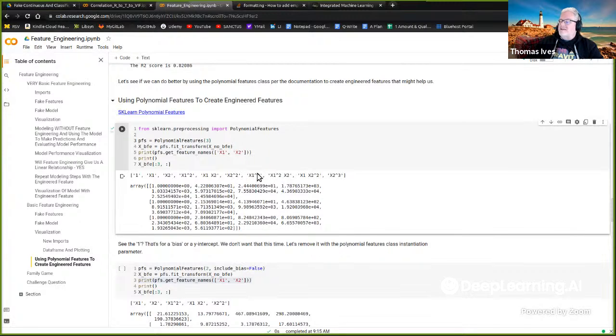Now it goes up to the next order: x1 cubed, x1 squared times x2, x1 times x2 squared, and x2 cubed. So all of these come up to third order. All of these come up to second order. Both of these come up to first order, and this is to the 0th order. Remember, any number raised to the 0th power is 1. But let's go back to 2. I just wanted y'all to see that.